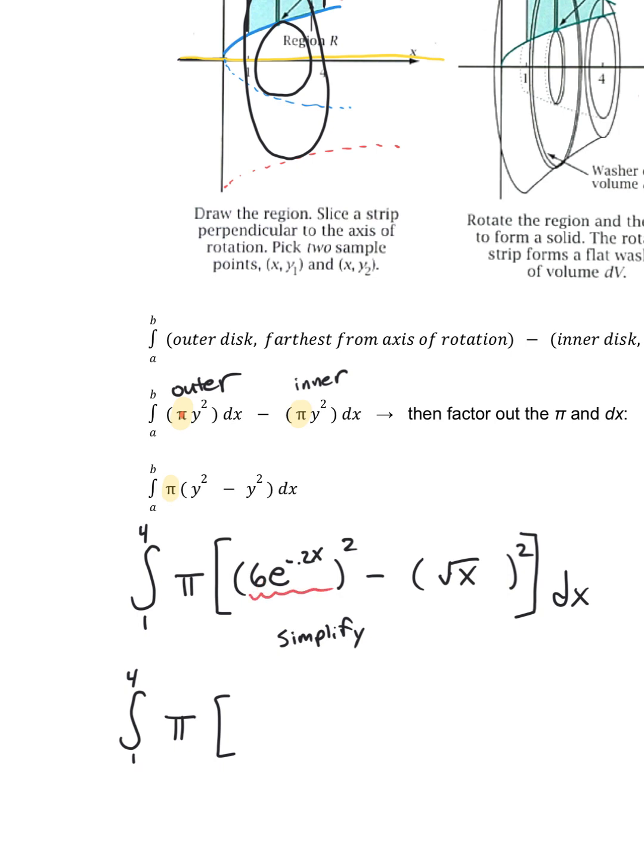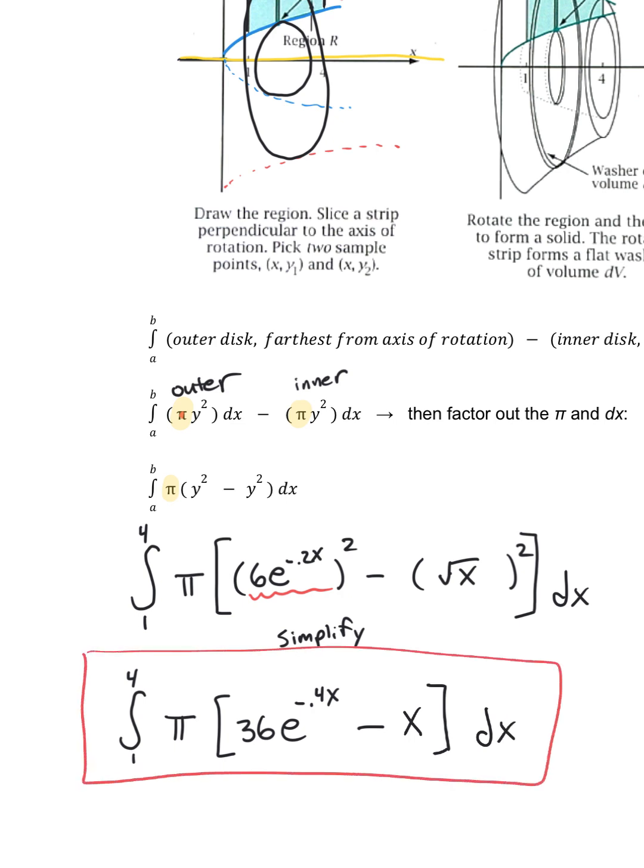So 6 squared becomes 36. And when I'm raising one power to another, I multiply. So that becomes 36e to the negative 0.4x. Even easier right here, when I square a square root, they cancel out, and I'm just left with x. So this is definitely worth simplifying. Here is our definite integral.